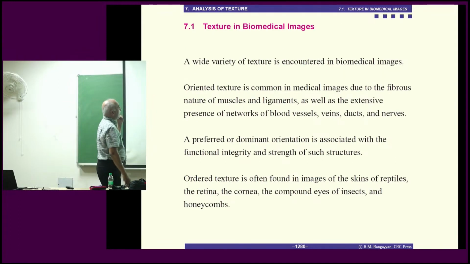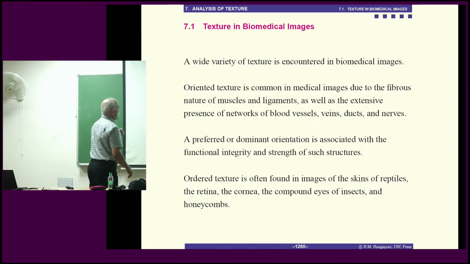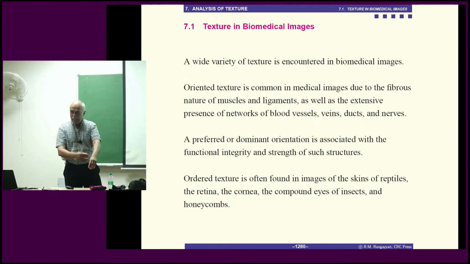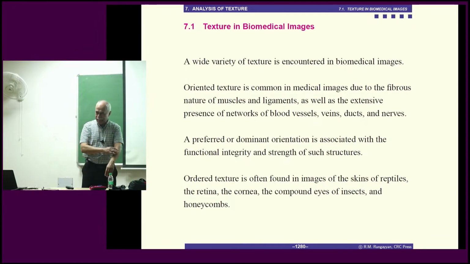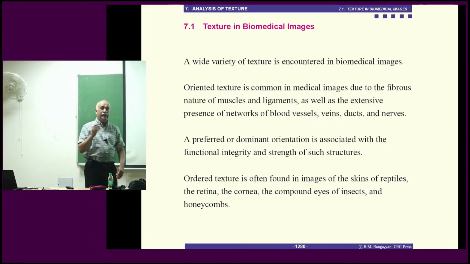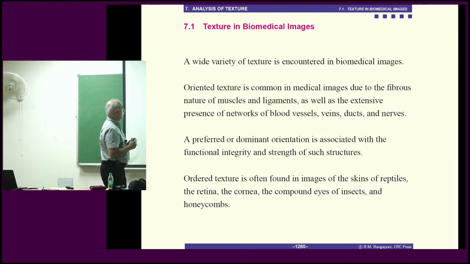So in biomedical images, texture does appear, different types of texture. Oriented texture is common in medical images due to the fibrous nature of muscles and ligaments. Muscles have muscle fibers, but we can't see them; X-ray images won't show them, as they are very thin. But the ligaments and ducts show up in mammograms.